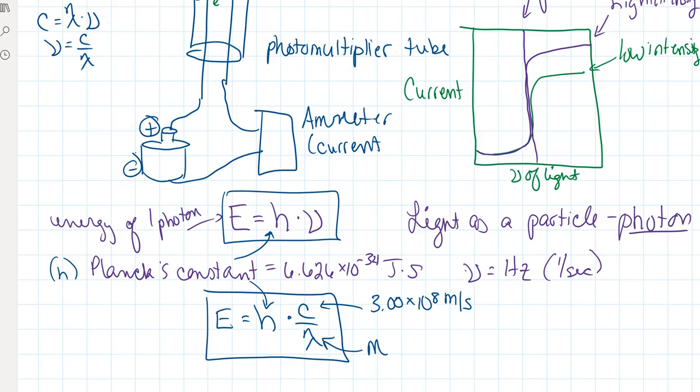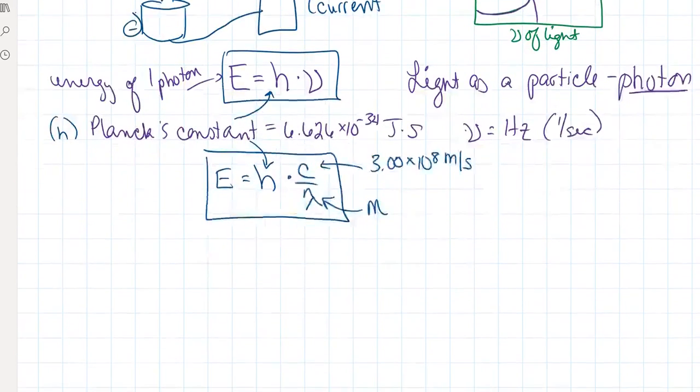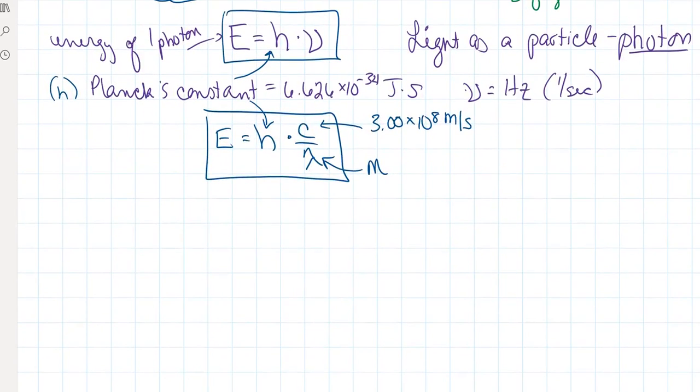So what we can do with this is characterize a couple different things. We can determine the energy of a pulse, we can determine the wavelength of light that comes out, or we can determine the number of photons that we get. So in this case, we're going to take a look at an example of how to determine the number of photons.